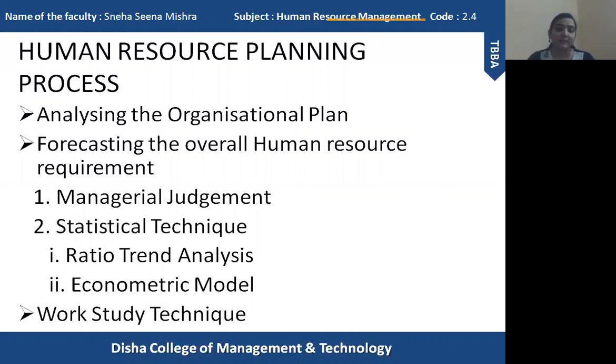In the second step, we have to understand the present capability of the workforce and the future requirement, and then make plans for finding human resource so that our requirements can actually be fulfilled when the need arises.